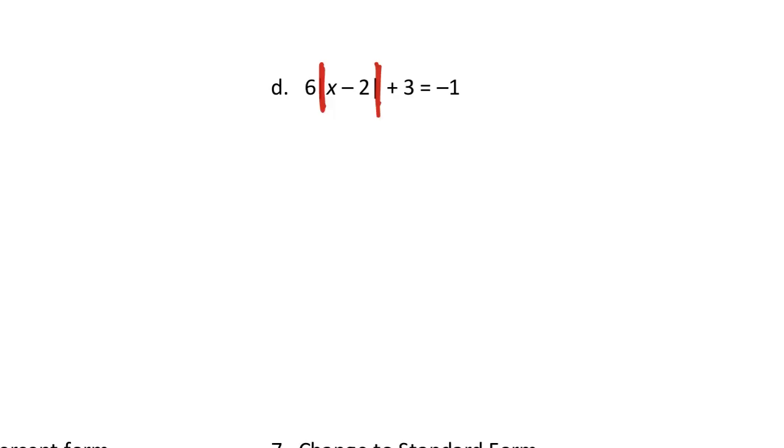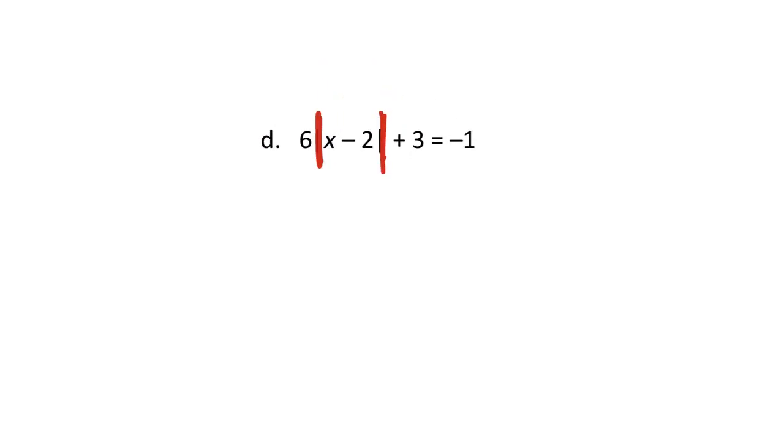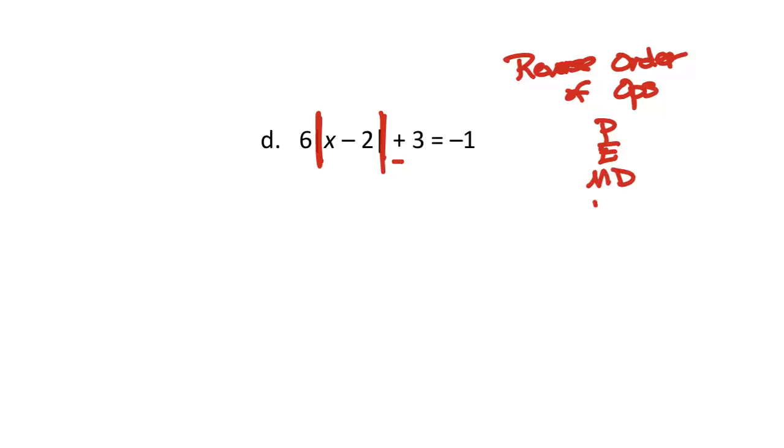What am I going to do first here to do that? Subtract 3, yes. Remember, this is reverse order of operations. Because you were doing PEMDAS before, multiplication, division, addition, subtraction, that was with expressions, but now we are into equations, and in equations, you want to undo any addition or subtraction first.